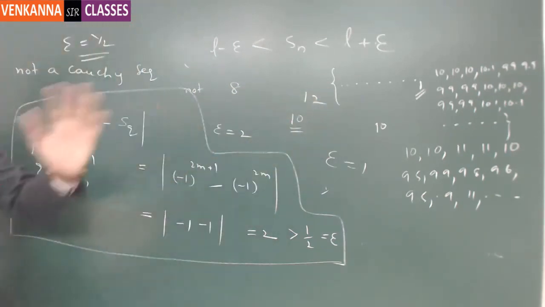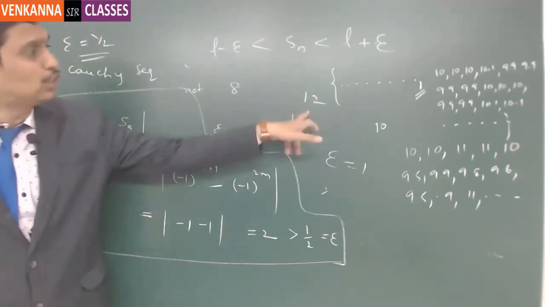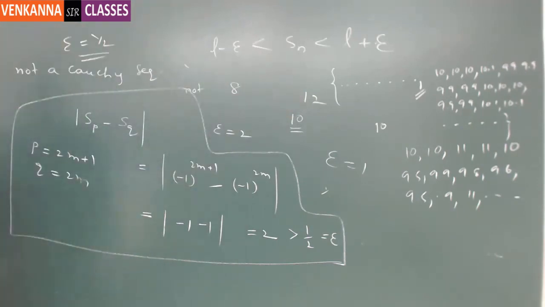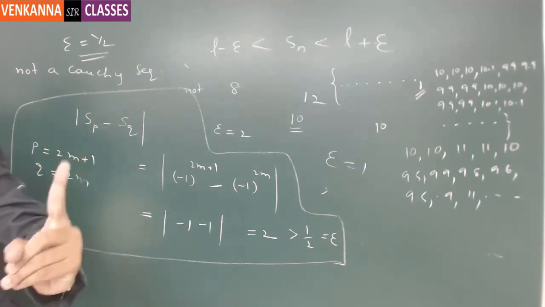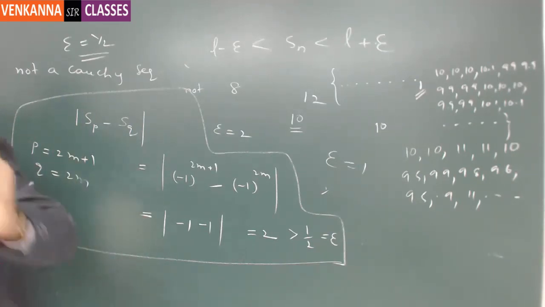From 8 to 12, you can take any number: 8, 8.1, 8.2, 8.3, 8.4, 8.5, 9, 9.5, 10, 11, 12, anything. Now see the difference. Is it a convergent sequence? No, because you are getting different real numbers, not a fixed real number. If you have a fixed real number, it is the limit, isn't it?